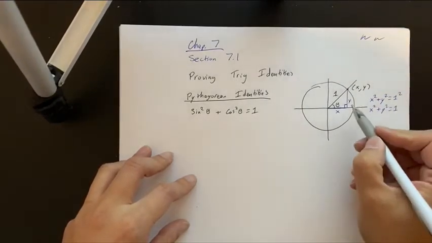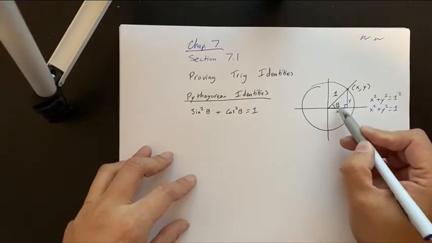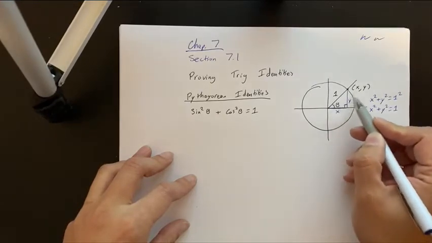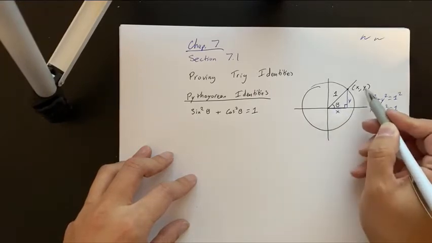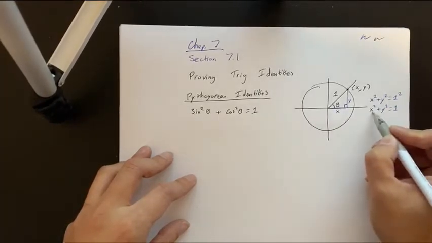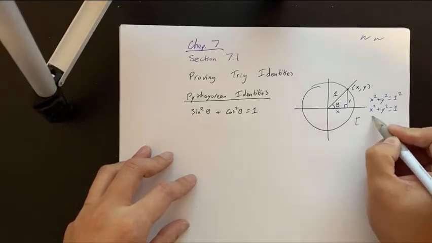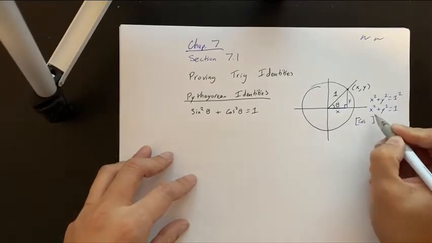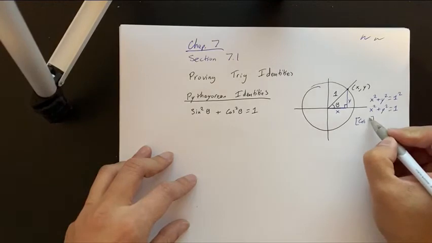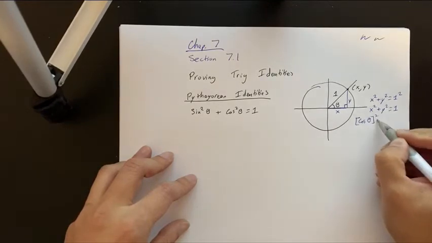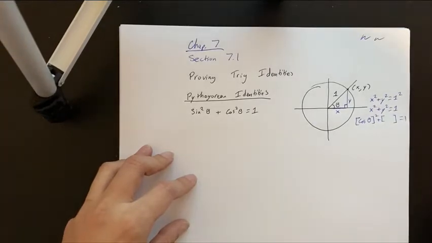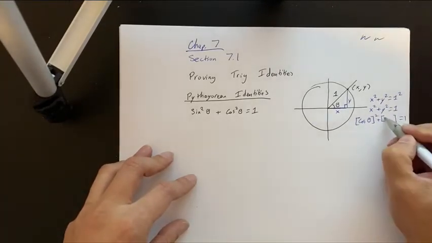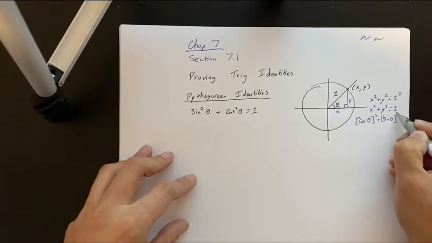But how trig is defined is that if I take cosine of theta, by definition, that's going to give me x. If I take sine of theta, that's going to give me y. So in place of x, I can simply write cosine of theta squared. In place of y, I can write sine theta squared.